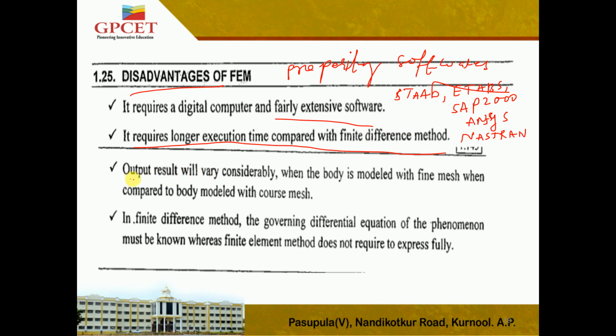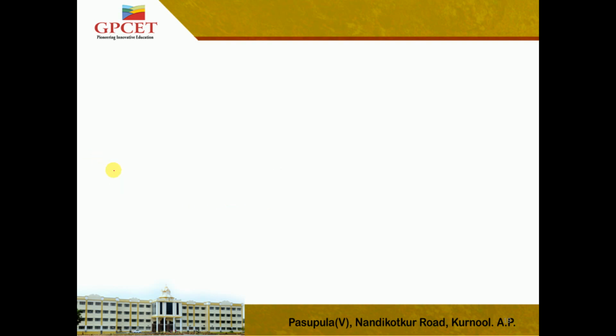You can see the output result will vary considerably when the body is modeled with a fine mesh compared to a body with a coarse mesh. What is meant by this? I will show you an example. Let us take a bar element.